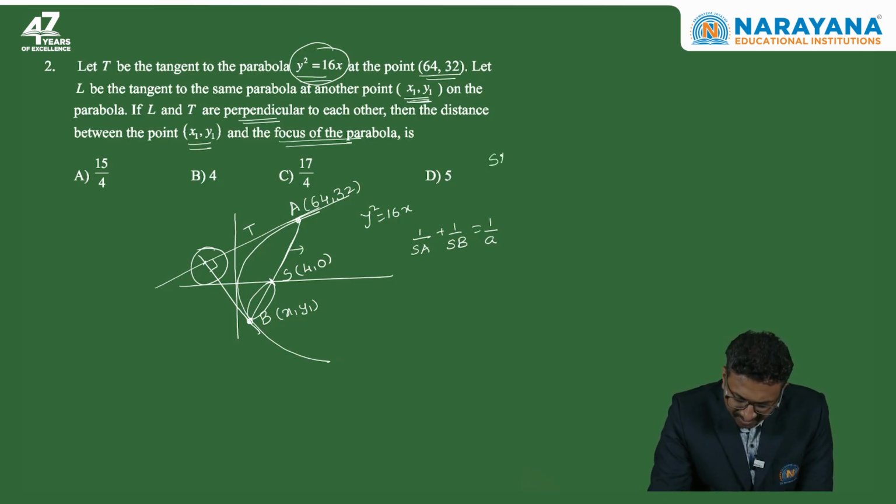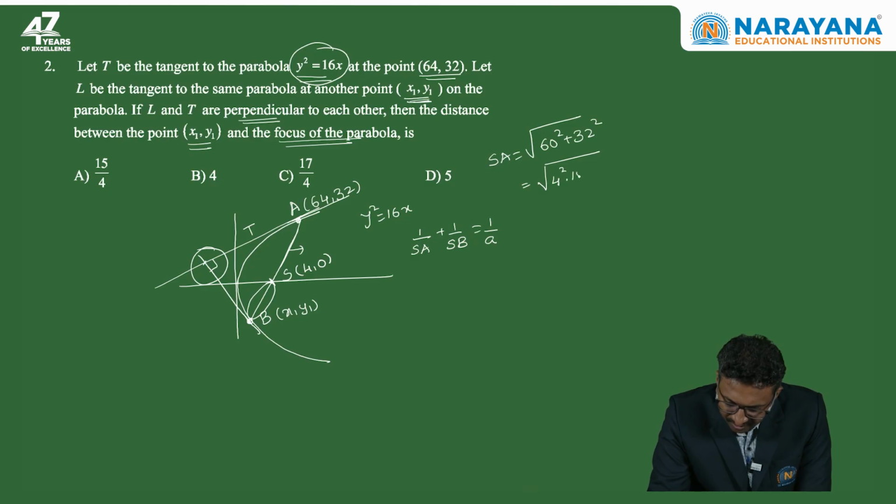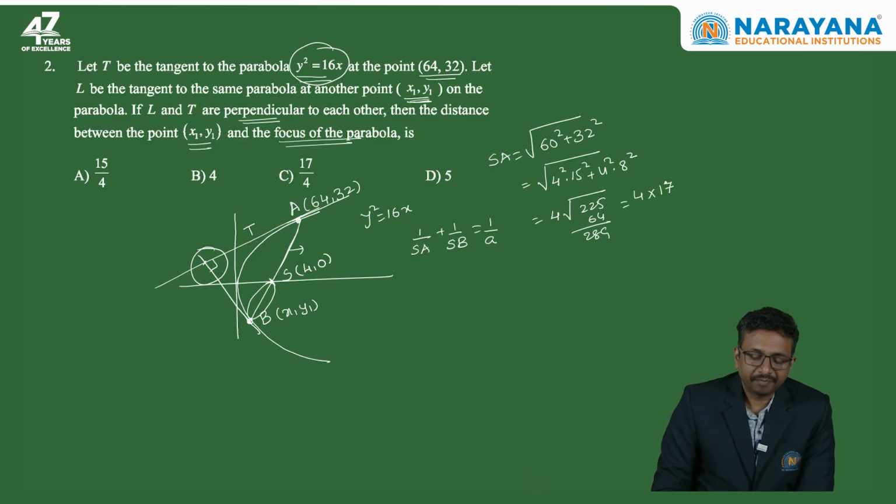So SA is equal to root of (64 minus 4) square, 60 square plus 32 square. If you take a 4 square outside, this is like 4 square into 15 square plus 4 square into 8 square, which is equal to 4 times root of 225 plus 64, 289, which is equal to 4 into 17.